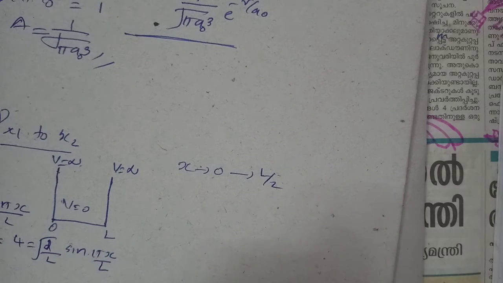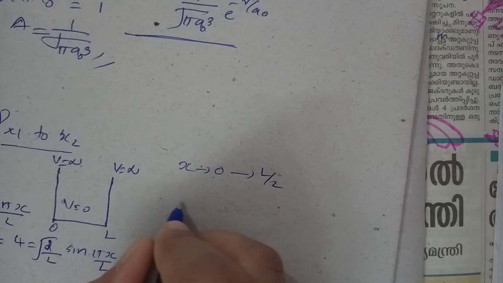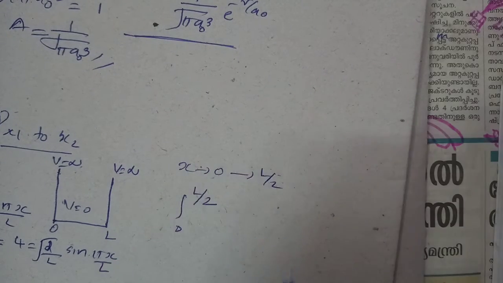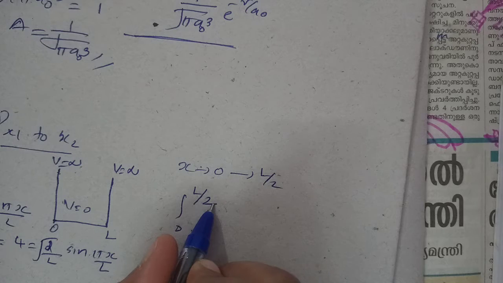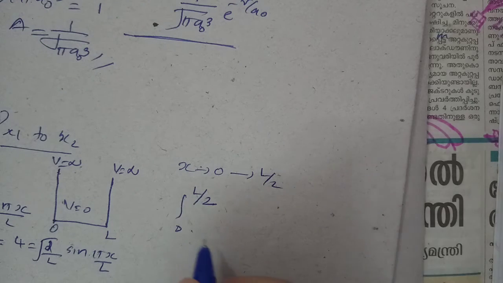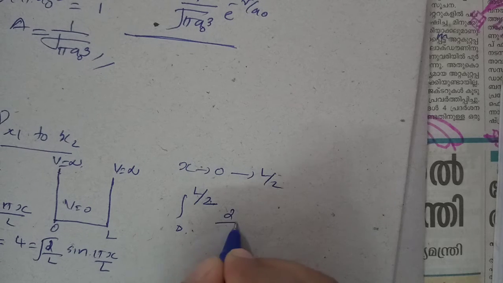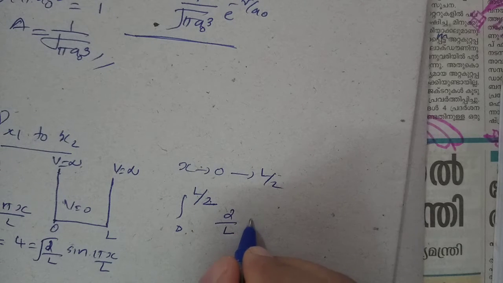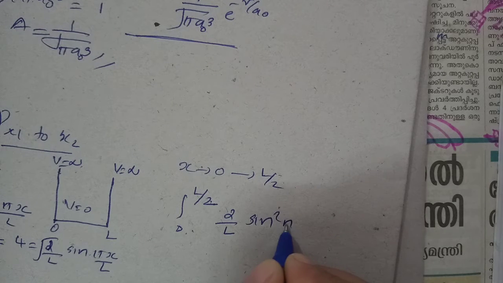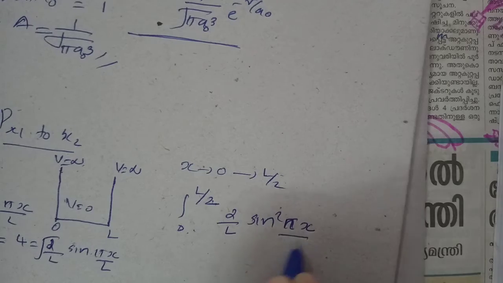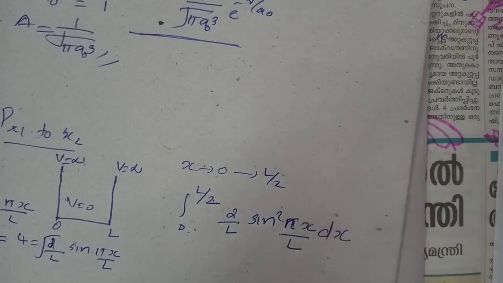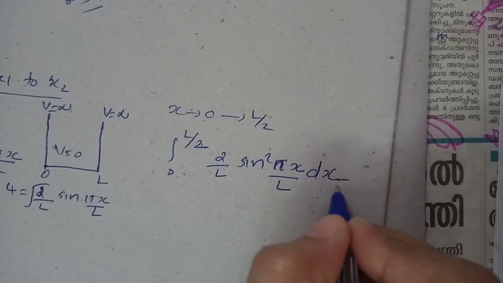We know that the integral from x1 to x2 of psi star psi dx will give you the probability. So from 0 to L by 2, psi star psi is 2 by L sine square pi x divided by L, since n is 1 for the ground state, dx.